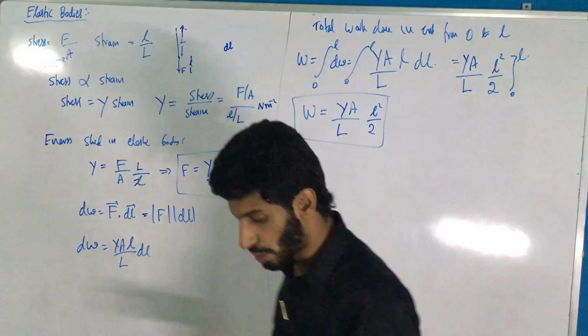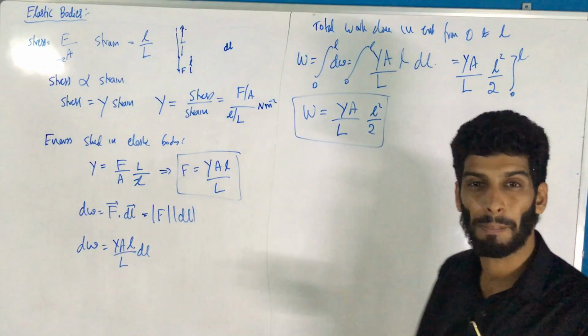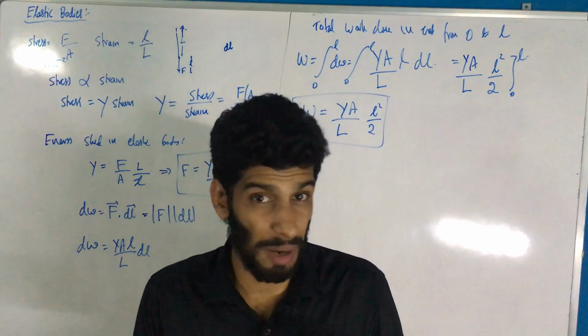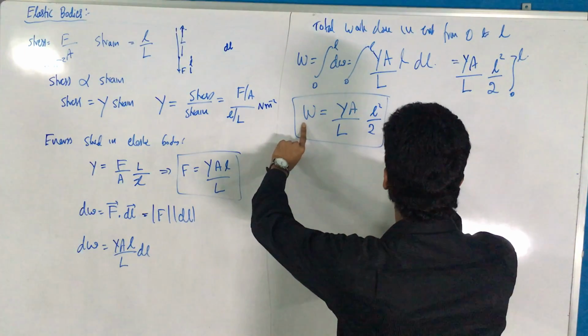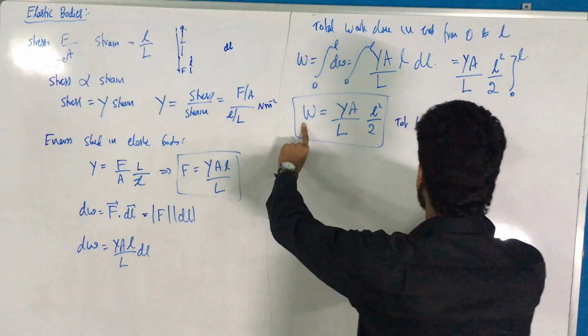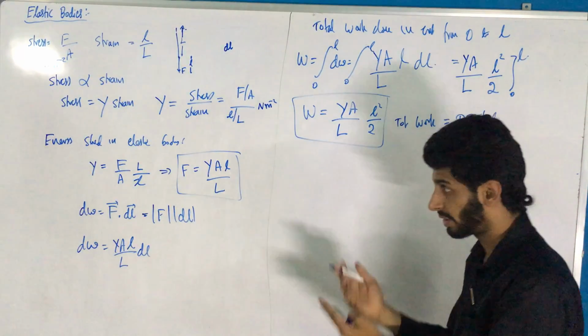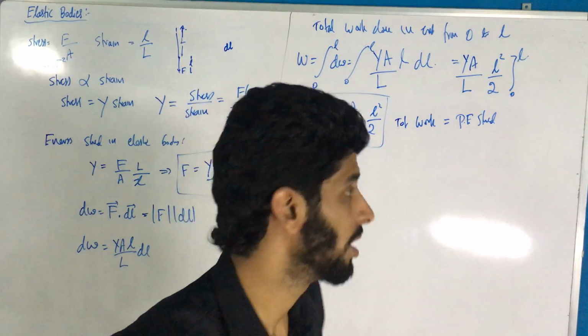Remember, since the spring force is a conservative force, work done is independent of the path and only depends on the initial and final position. I can say that whatever the total work done is exactly equal to the potential energy stored. That's what I wanted, to find out how much potential energy is stored in the spring.